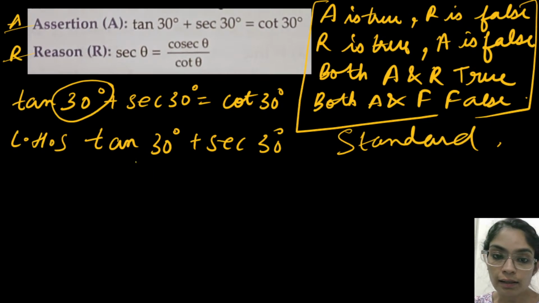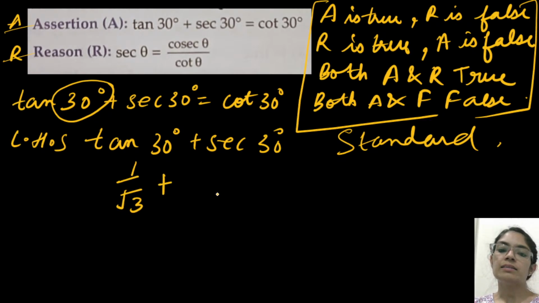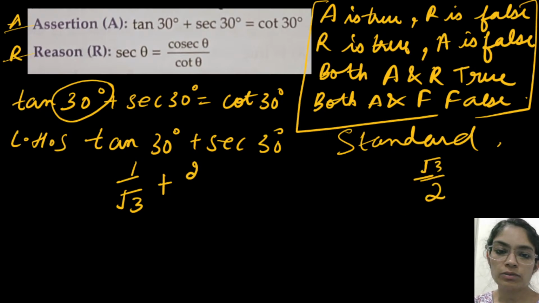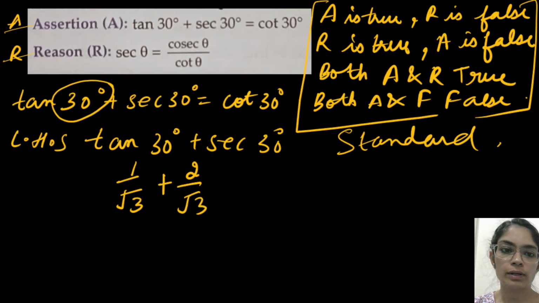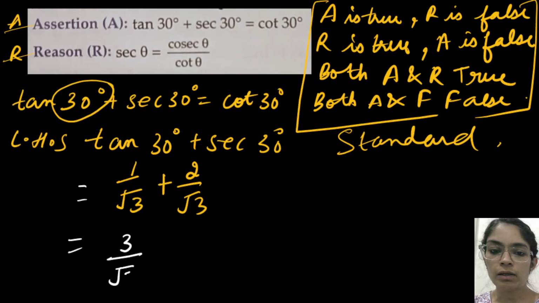So tan 30's value is 1 by root 3. Secant is the reciprocal of cos, and cos 30 is root 3 by 2, so this value is 2 by root 3. We just have to simplify this. Denominators are same, so we can just add them. So 3 by root 3.